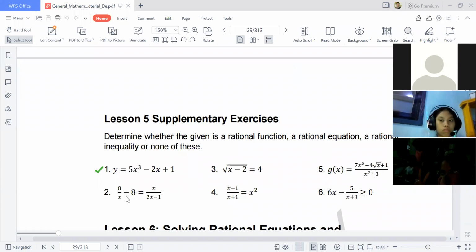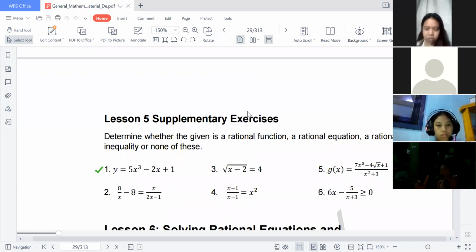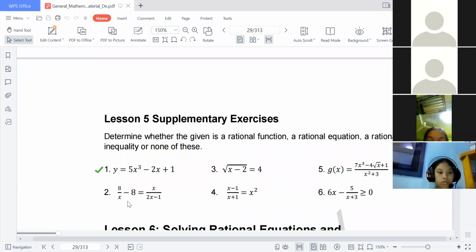Only x, right? So, isa ra. Na rational expression nga na involved? Rational expression man eh? As well as this? So it will be called as, anyone? Rational equation. Very good. It is an equation, a rational equation. Okay, let's go to number 3.